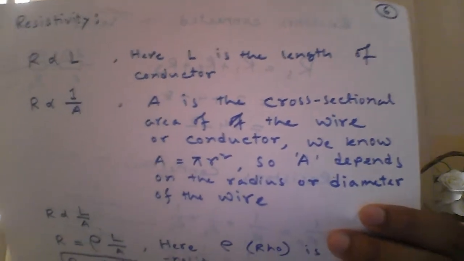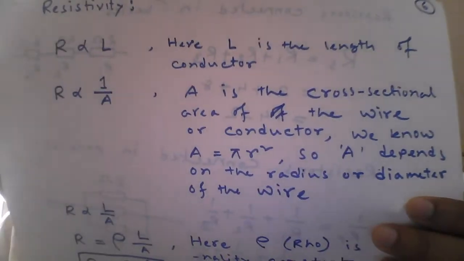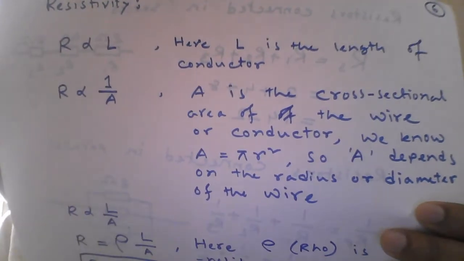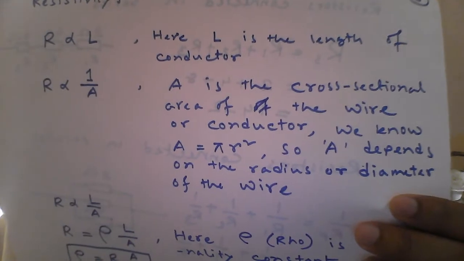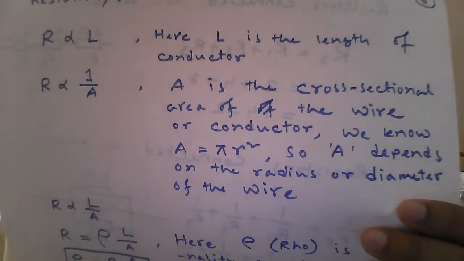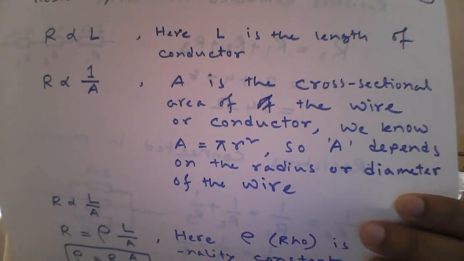Here I gave a little bit of description. A is the cross-sectional area of the wire or conductor. We know A equals pi r square. You know r is the radius of the wire.